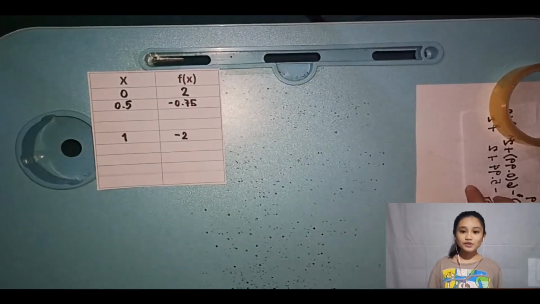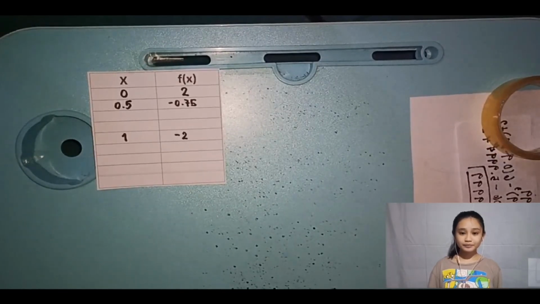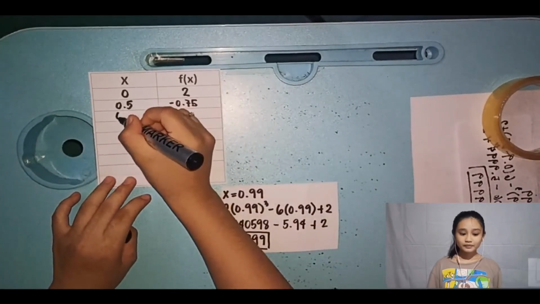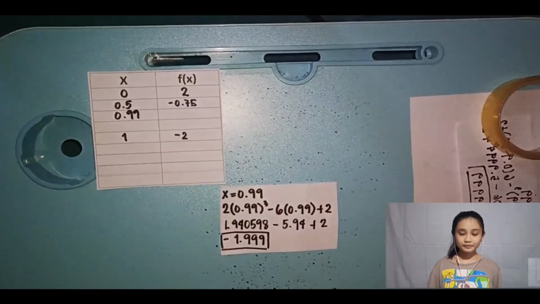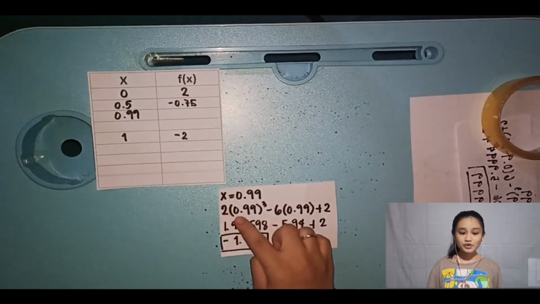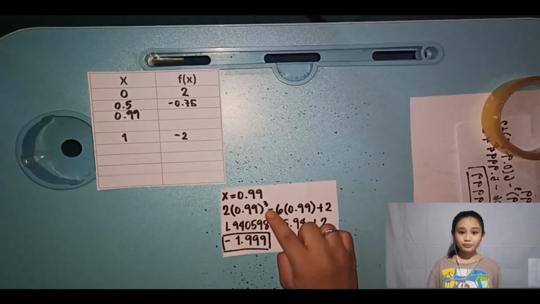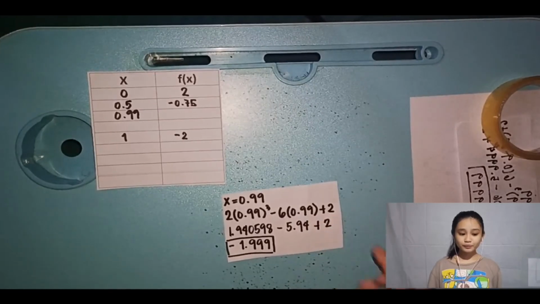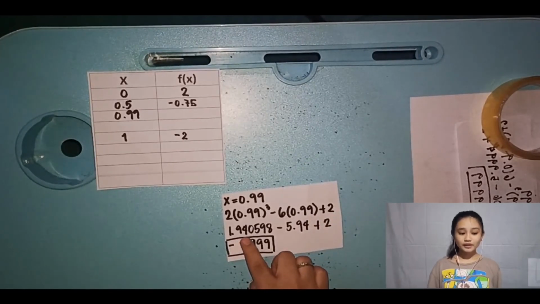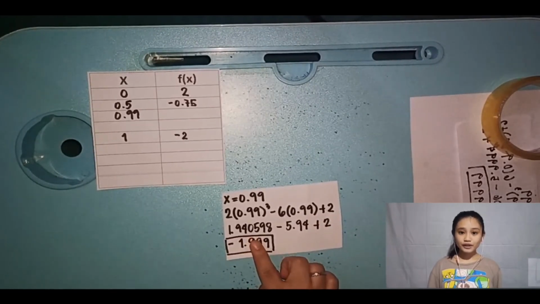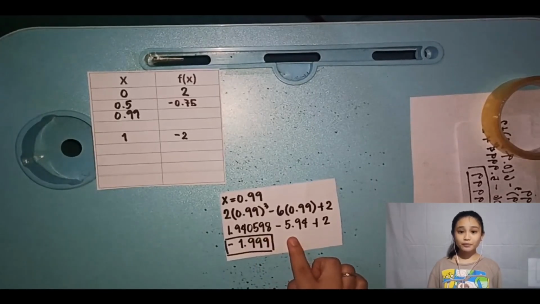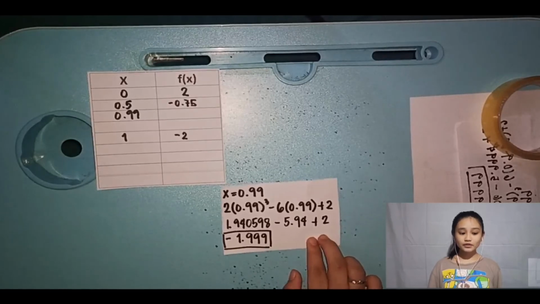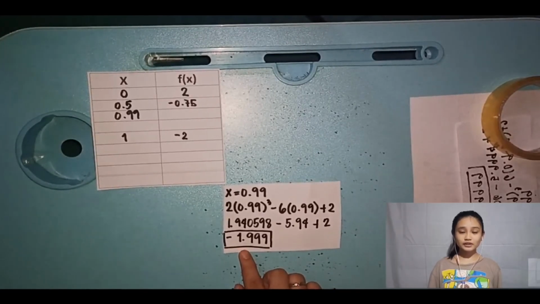Next, we'll have 0.99. 2 times 0.99 cubed minus 6 times 0.99 plus 2. 1.990598 minus 5.94 plus 2 equals negative 1.999.